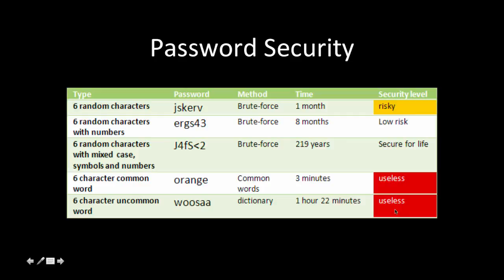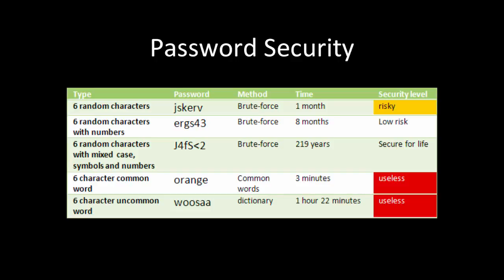So the lesson from this is that passwords are more secure if they have random characters, uppercase, lowercase, numbers, and symbols, right? And that's the thing that we're required to have in all of our passwords. And in fact, a lot of systems require 8-character passwords, so it's even more secure than this. So we should not be bashing IT people for making us have those passwords, right? That's the lesson from here.